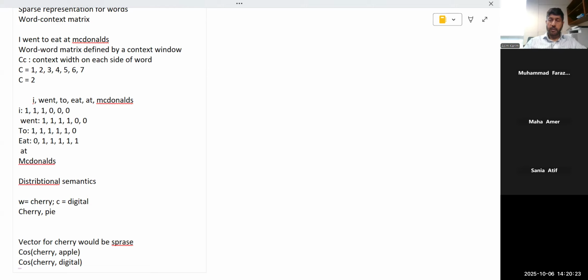So in a very basic sense, let's say your task is just to distinguish whether two words belong to one semantic field or not. Obviously a cosine similarity between the vectors would help you do that. So apple and pie would be related, would have a higher cosine, because they typically refer to a semantic field related to, let's say, farming, related to fruit, for example, while apple, cherry, and digital would not have a high cosine similarity.